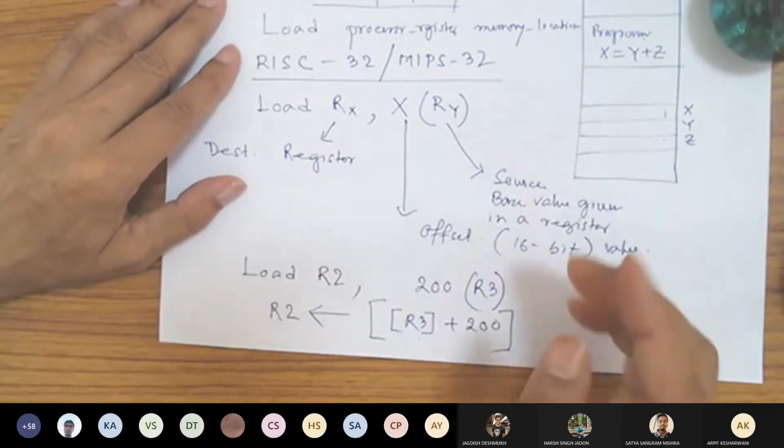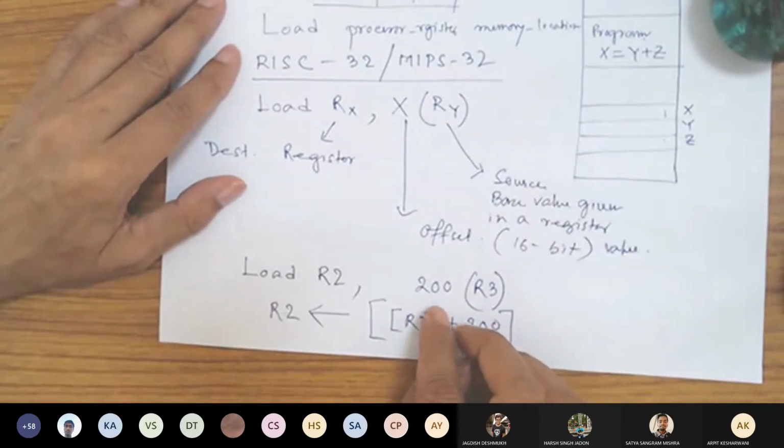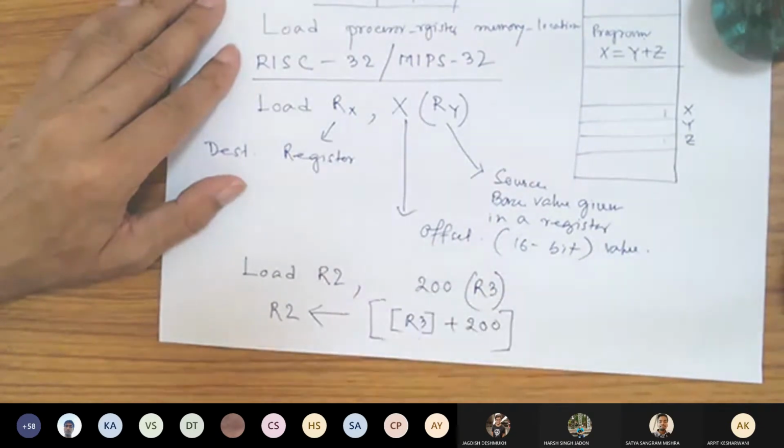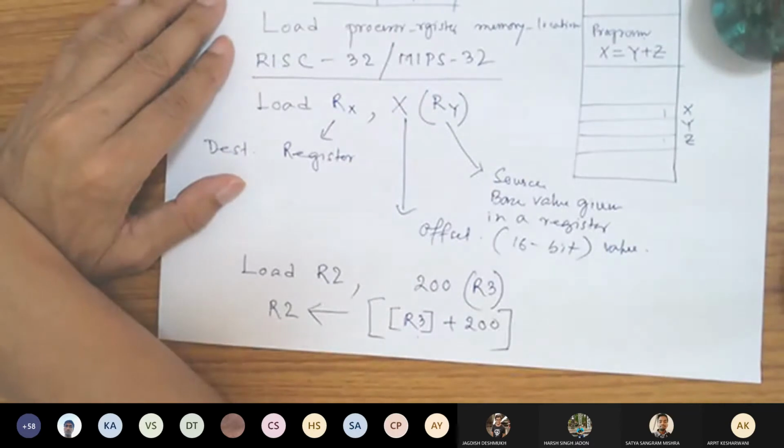My starting address of the array is given in R3, and I want to go to the location 200 locations from R3.